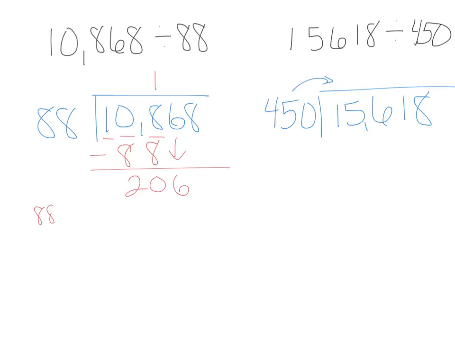How about I do 88 times 2, and I get 176. Let's see if it'll fit in there one more time. So I add an 88, and I get 264. So that doesn't fit in there. So it's just 2 times for 176.